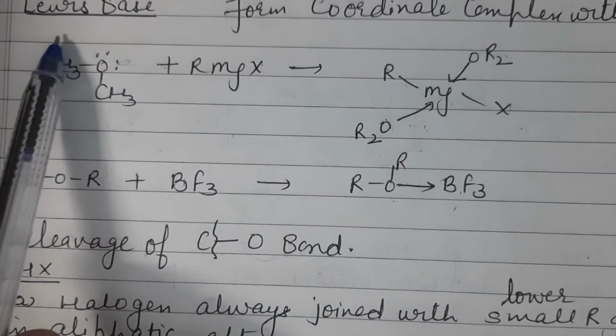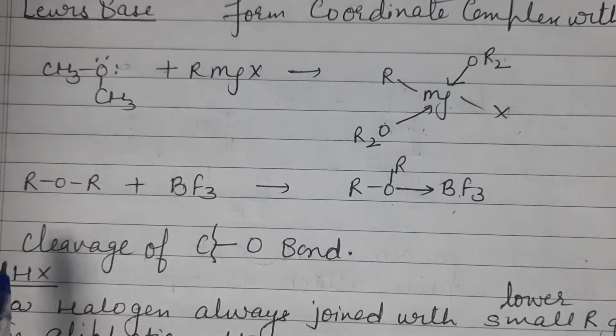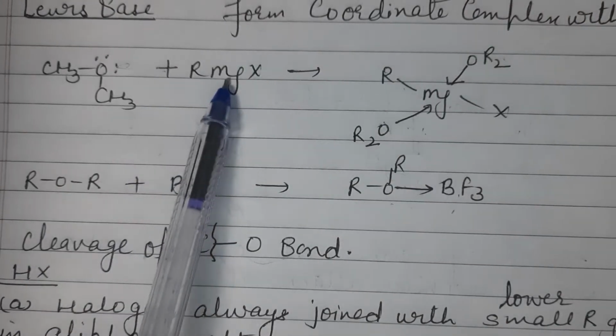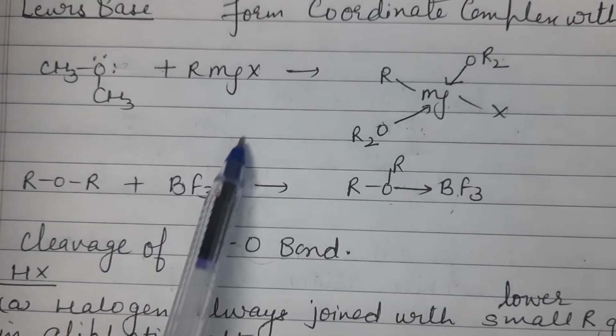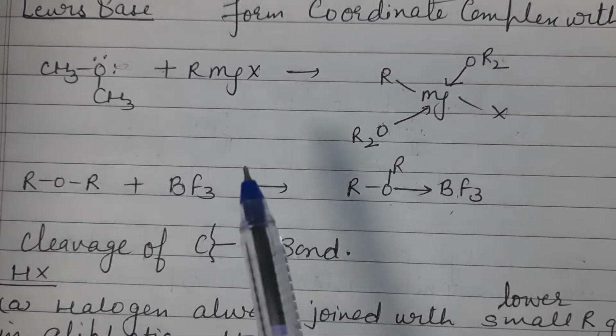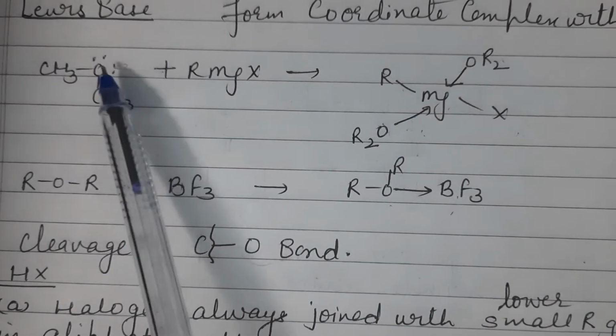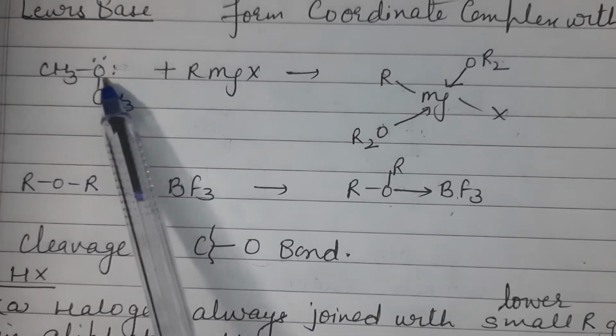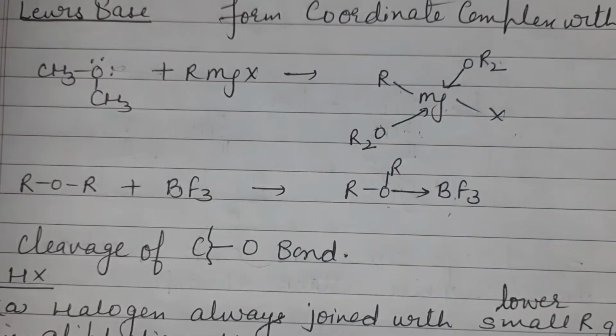So the ether acts as a Lewis base and forms coordinate complexes with electron deficient species, that is called a Lewis acid. And second, ether, due to the presence of lone pair of electrons, acts as a base and reacts with acid and forms salt.